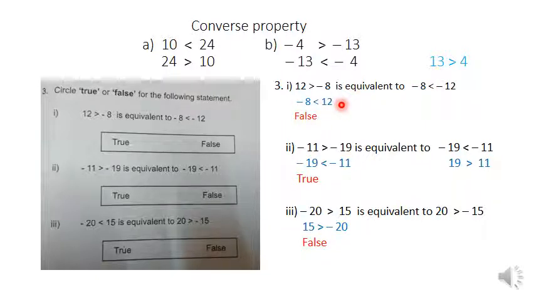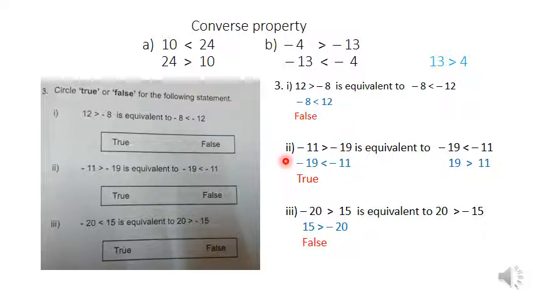So you can only say these two inequalities are equivalent, but you cannot say 12 is greater than negative 8 and negative 8 is less than negative 12 are equivalent. So this statement is false. So you write false. The correct answer is negative 8 is less than 12. Okay, can you understand? Okay, try.